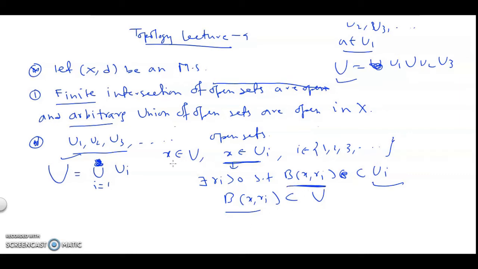Hence, we have taken any arbitrary element x of capital U, and we have got that there exists an open ball, totally contained in U, around x with radius r_i. Therefore U, the union over i of U_i, is open. Hence proved.